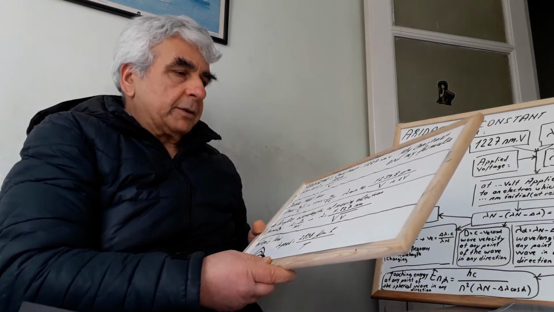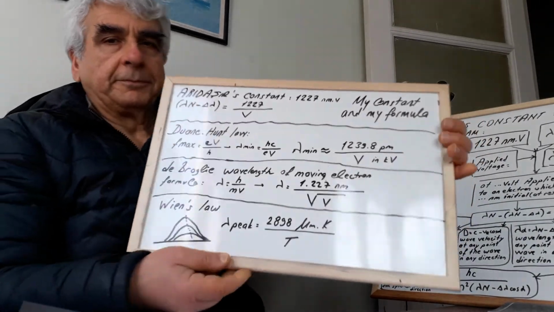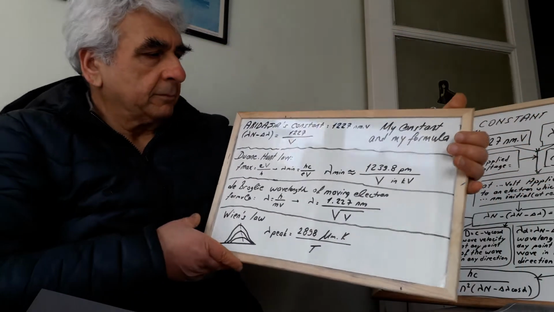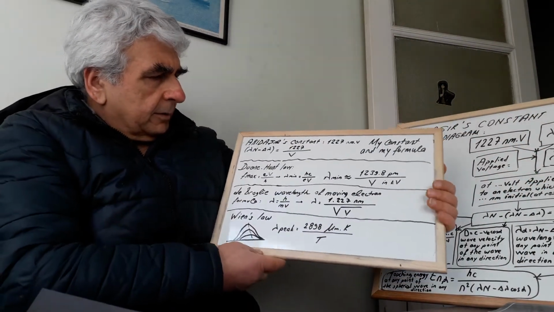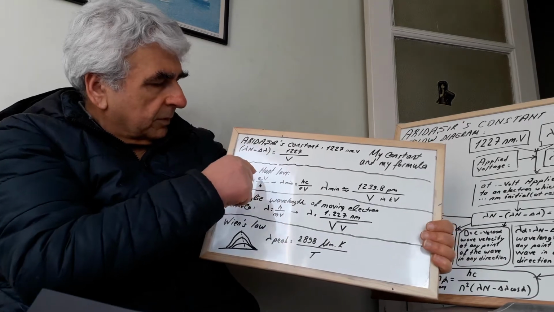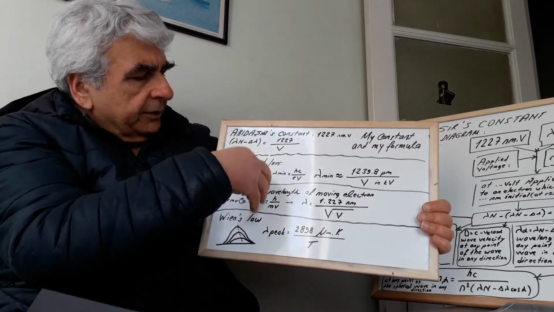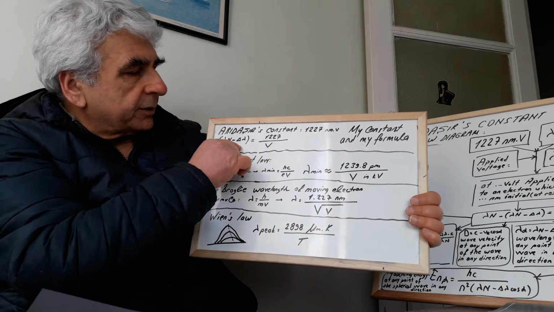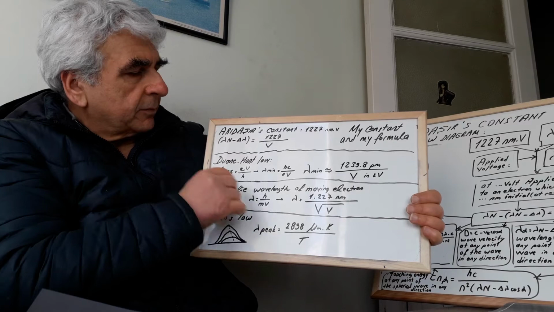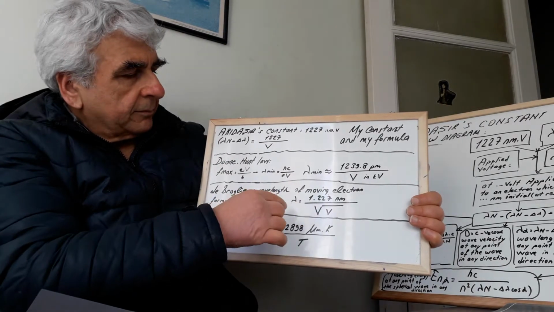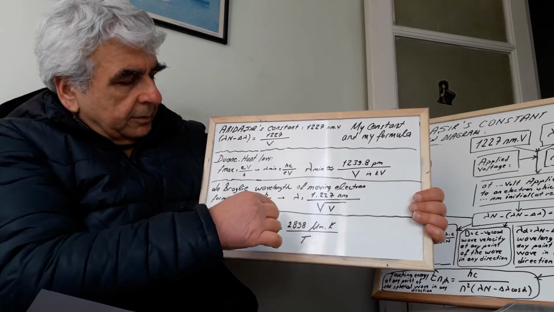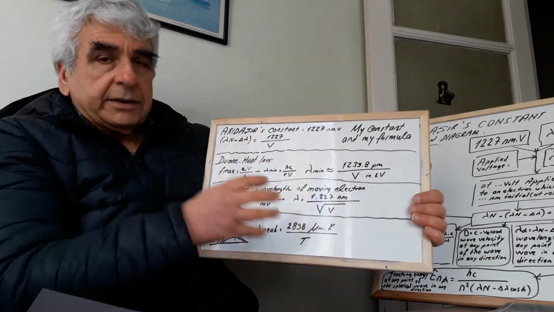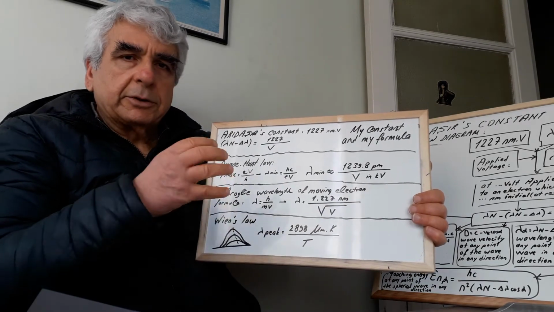So interesting. In fact, in those three there is no lambda n minus delta lambda distinction. All of that is in fact about what?